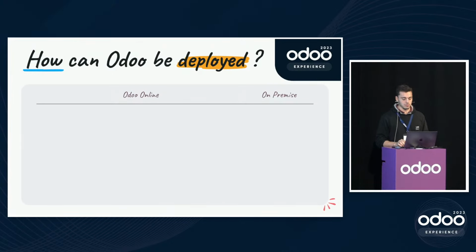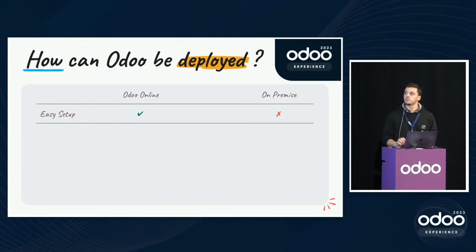The pros and cons of those two deployment methods: on-premise is rather complicated because you have to know a lot about the infrastructure, like how to configure a database, what a reverse proxy is, how to do backups, how to handle maintenance, and so on. On the other hand, Odoo Online could not be easier. You just sign up, log in, and you are ready to go.